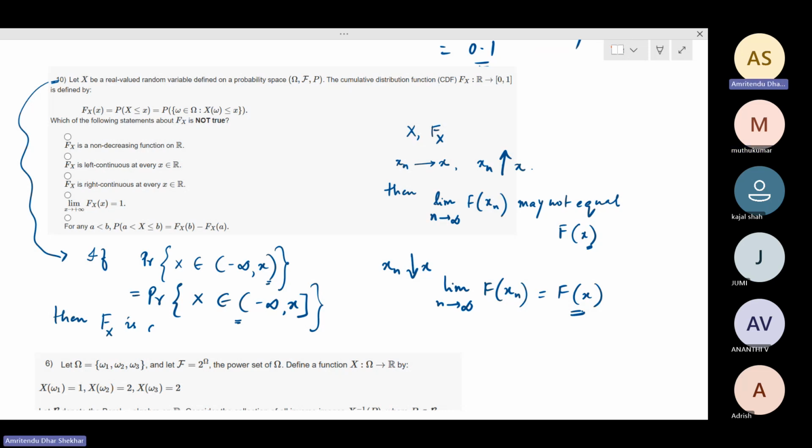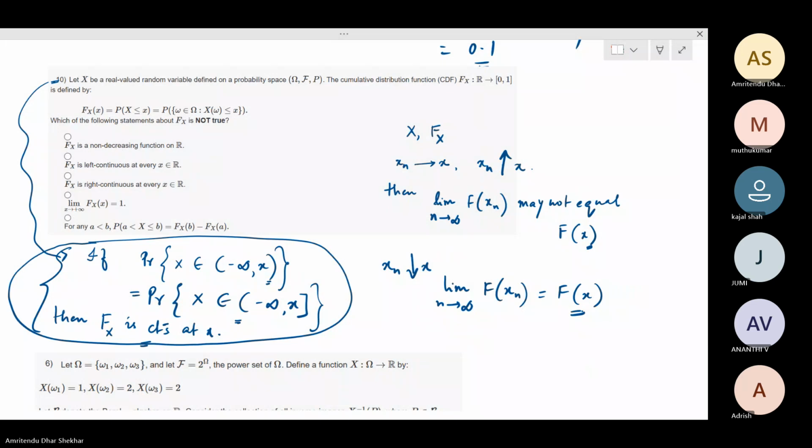You should try to prove this result. This is a homework.